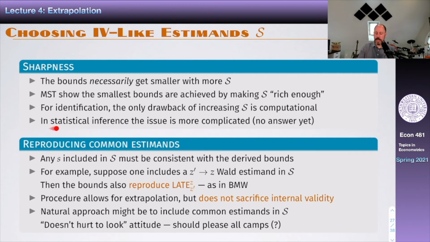The problem is that when it comes to statistical inference, the more stuff you add may complicate inference. And so this is still something that is not fully worked out. If you care about inference, there are two versions of this paper. One is the version that got published in Econometrica, and they asked them to remove inference from the paper, so it doesn't have any inference.